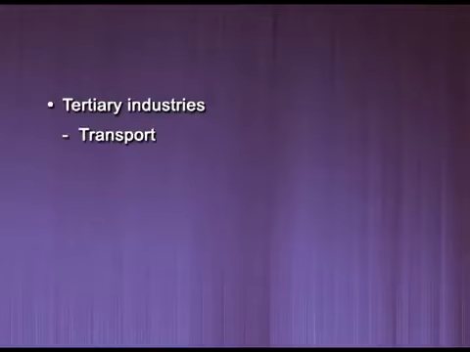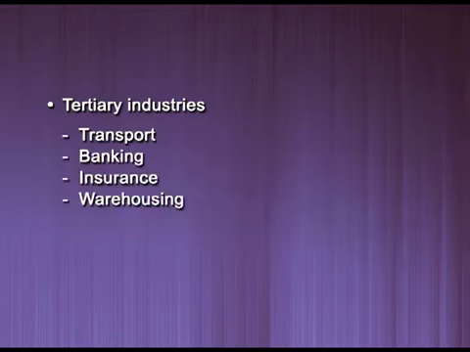Tertiary industry consists of various types of sectors like transportation, banking, insurance, warehousing and communication. All these are very necessary for the working of primary and secondary industry. So, this was about the types of industry and various kinds of industry which come under primary, secondary and tertiary industry.